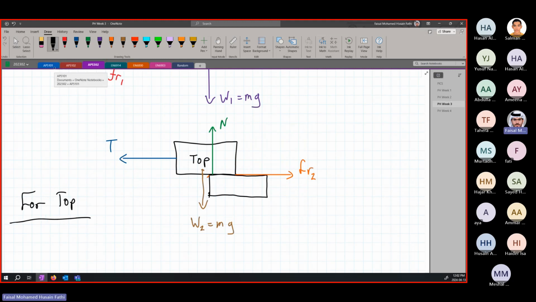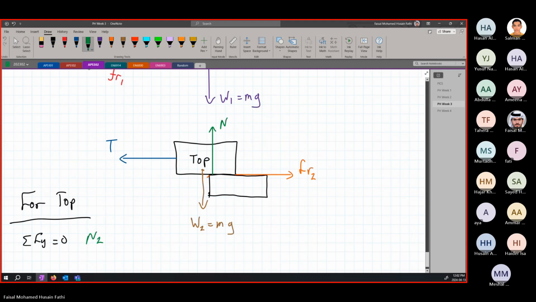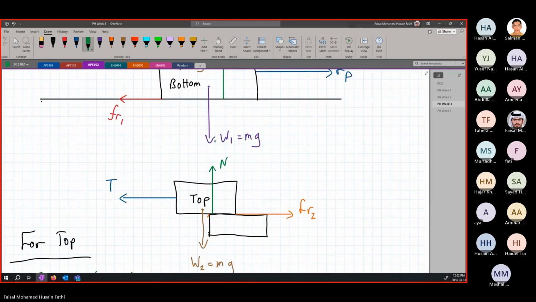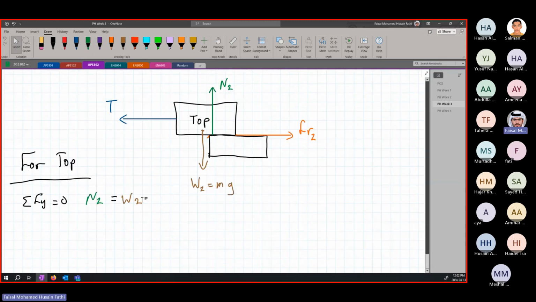We know that sigma Fy equals 0, which means N2 is equal to W2. Again, don't get confused. This is N1 and this is N2. So N2 is equal to W2.